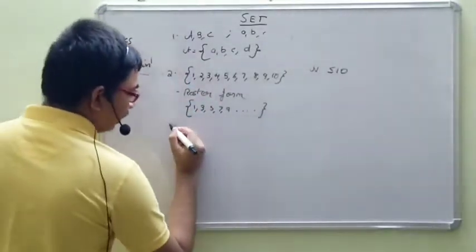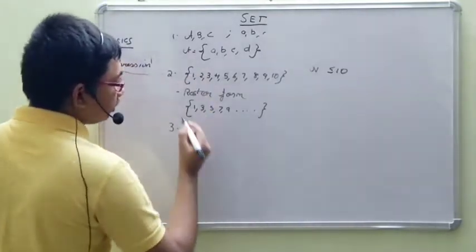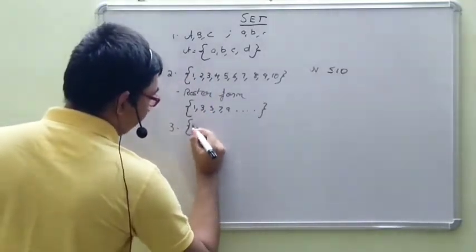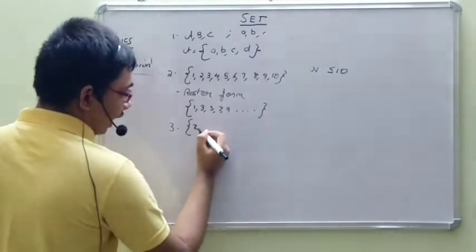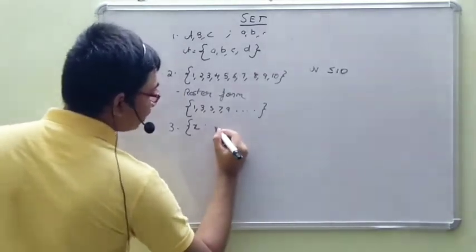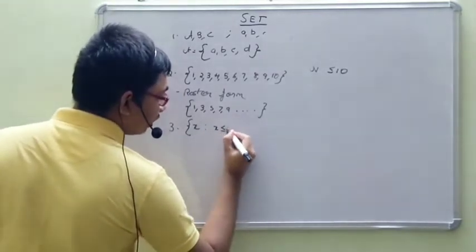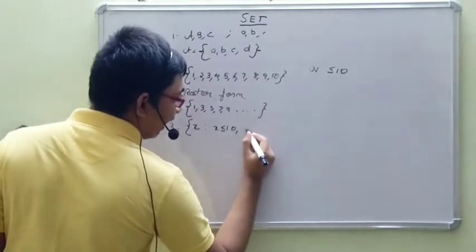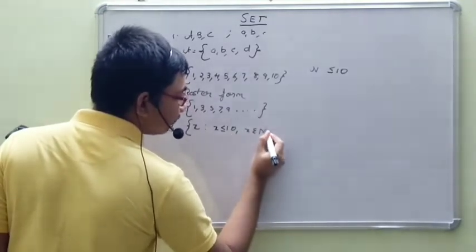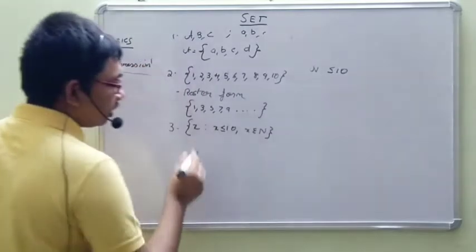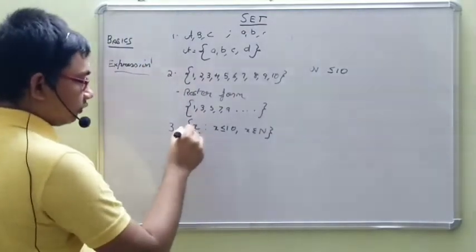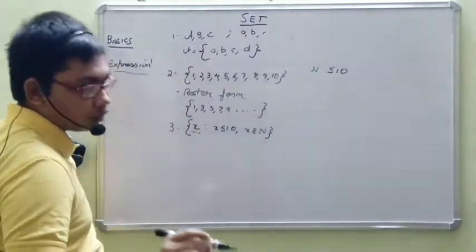Now, there's another form. We can write the same set as the set of all x such that x is less than or equal to 10 and x is an element of N. The variable x can take any value, I have already told you.